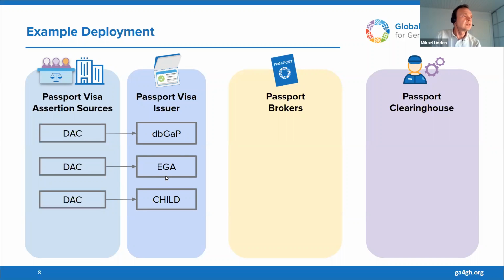And because EGA is the place where the datasets are stored, it has also authoritative information of the datasets' data access permissions. So it's quite natural that the visa issuer is at EGA as well.